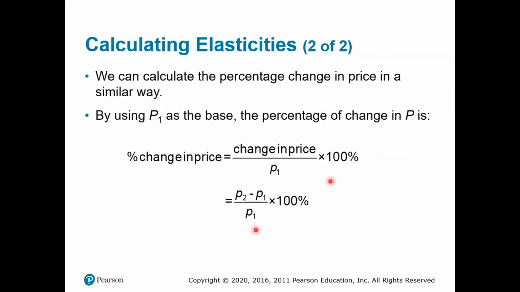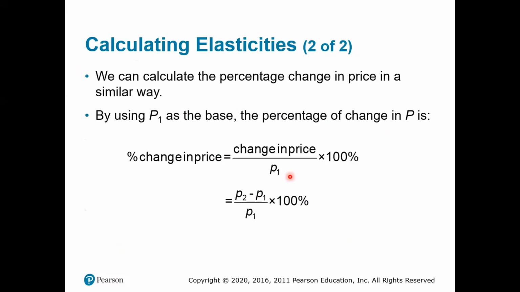So this is the formal definition of it. When you use P1 as the base, if you think about this in terms of price, imagine dollars, right? $10 minus $8 is $2. So P2 minus P1 is $1. But we're dividing dollars by dollars.